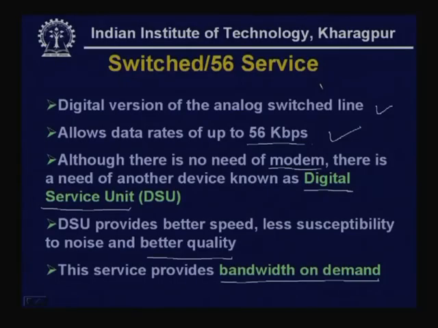Whenever we are sending video, say 1.544 megabits, then 24 or more of these switch 56 lines can be provided. So, this switch 56 service allows you to have bandwidth on demand by using inverse multiplexing.